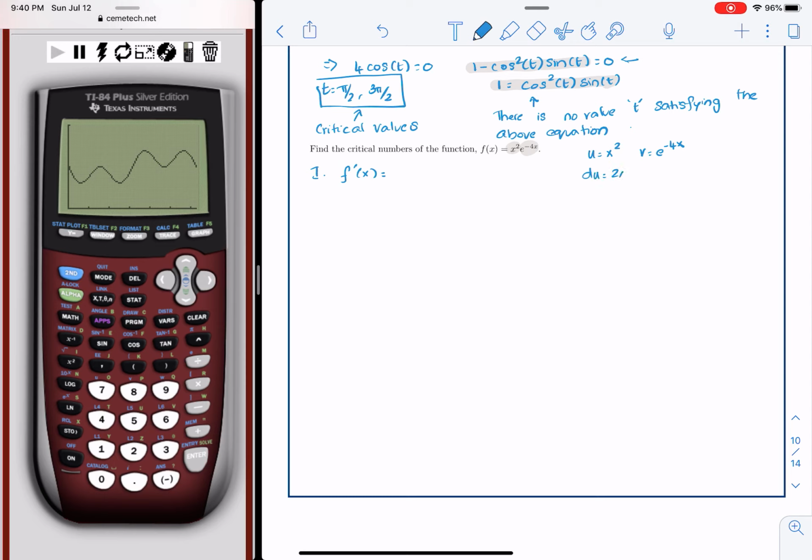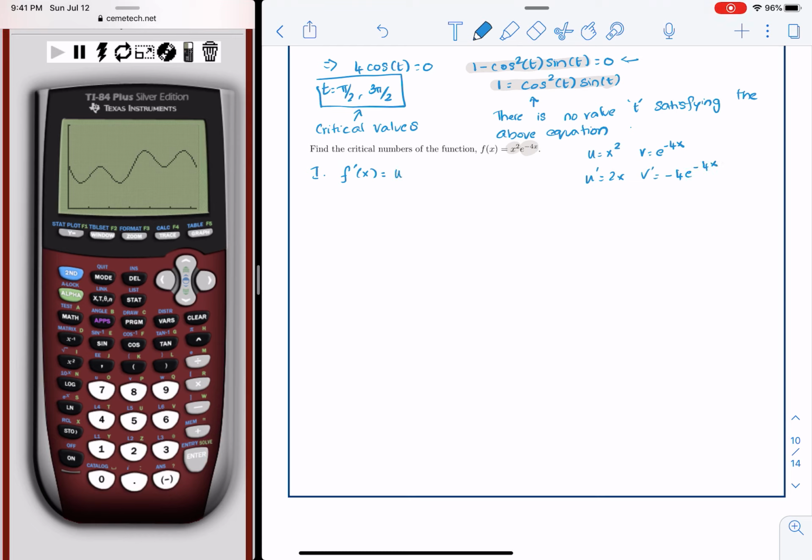I think it should be easier to call it u prime and v prime. u prime is 2x, v prime is minus 4 e raised to the negative 4x.